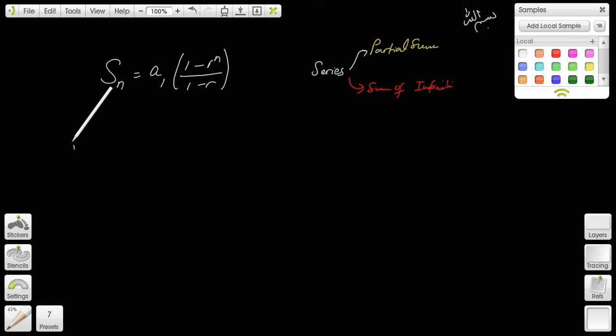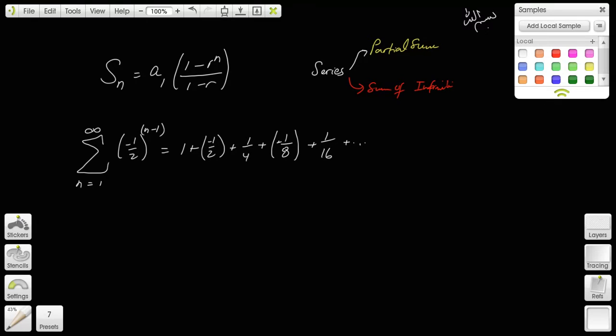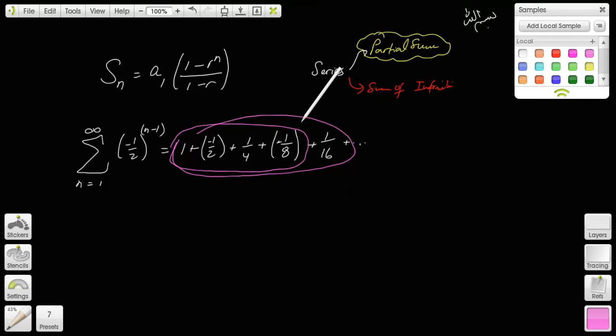Here's what I mean. Let's reconsider this series which we talked about. A partial sum of a series is the sum of a certain number of terms, let's say the first 4 terms, or the first 5 terms. To do this, you use this formula.